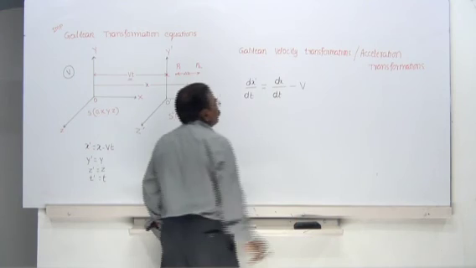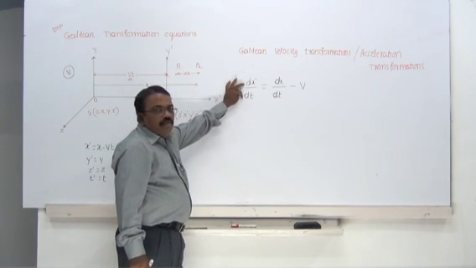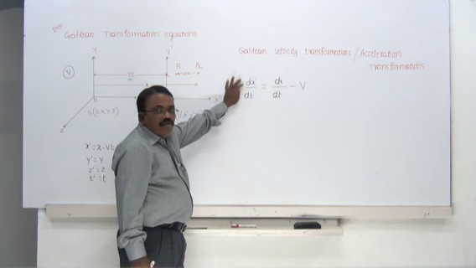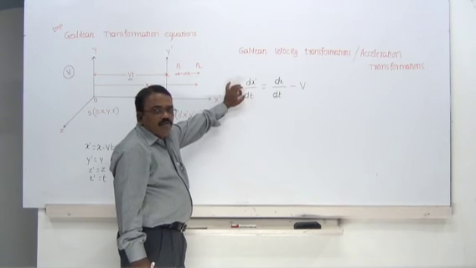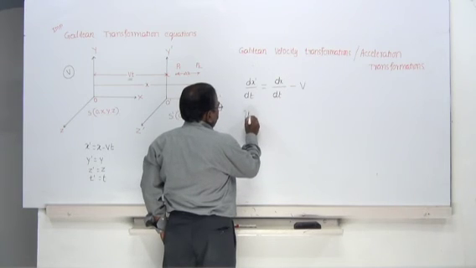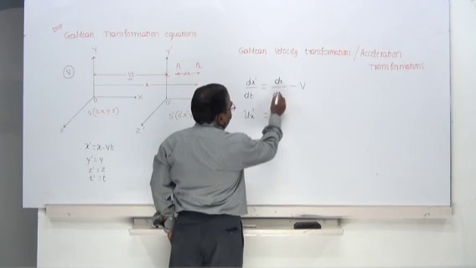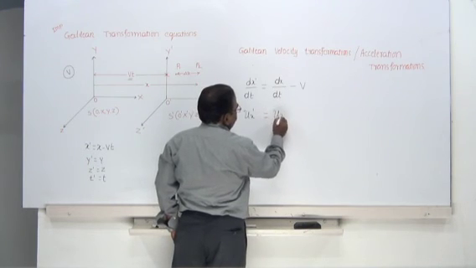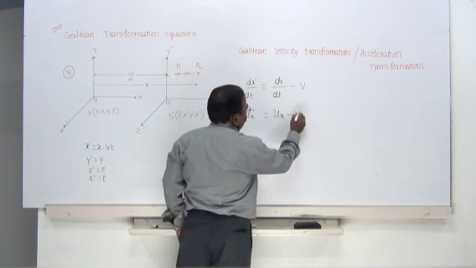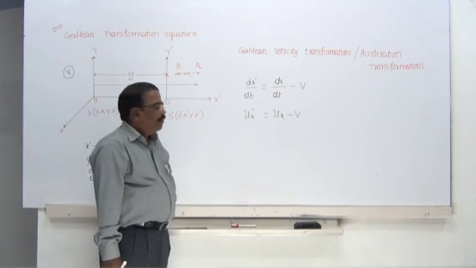Distance upon time, the rate of change of distance, is nothing but velocity. So I represent it as ux dash is equal to ux minus v. This is the velocity transformation.